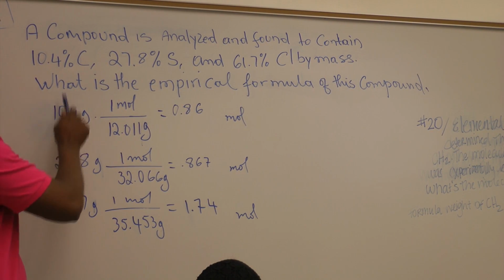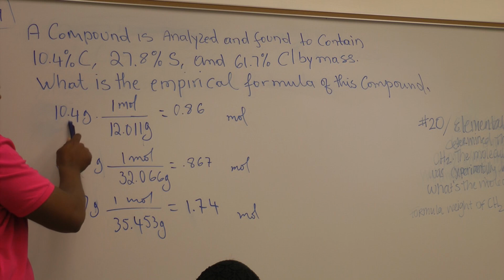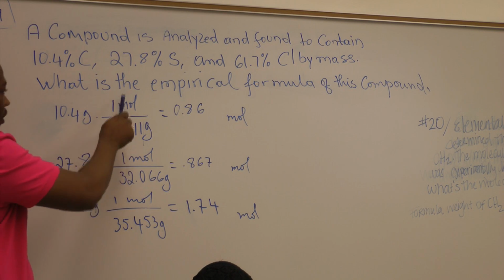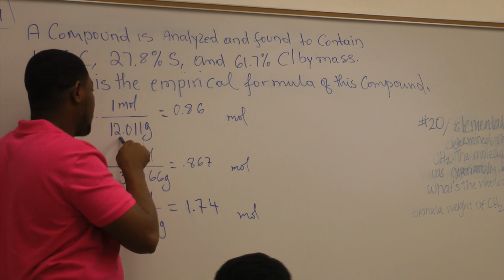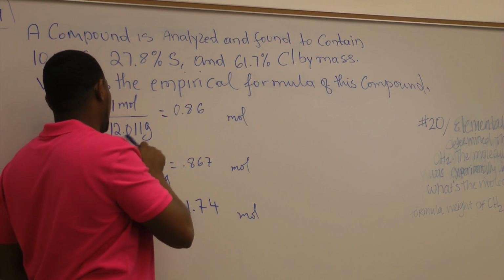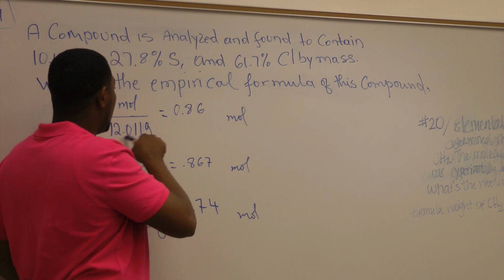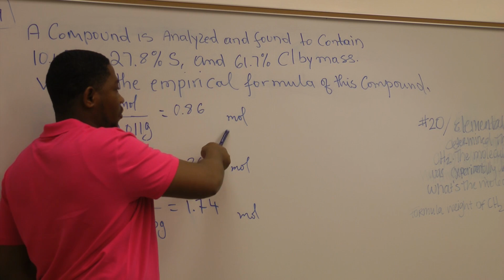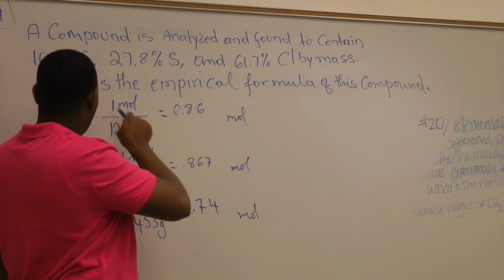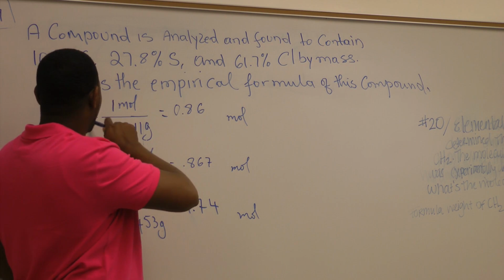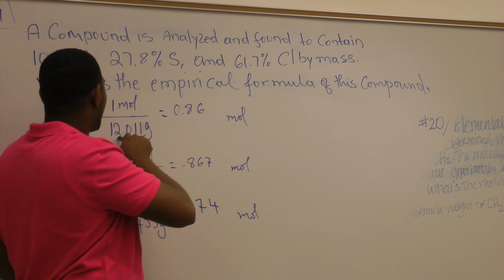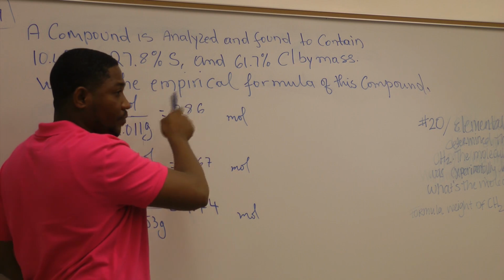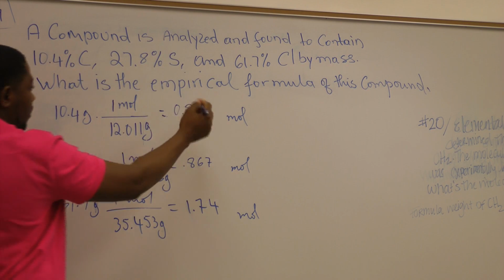If you have 10.4, you put it on a gram, and then you know the mass of carbon is 12.011, and then you want to cancel this gram, and then you end up with the mole. When you cancel those, and then you divide 10.4 by 12, it's going to give you the answer right there for the carbon.